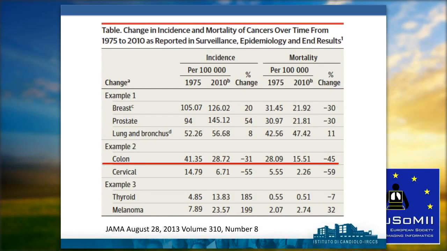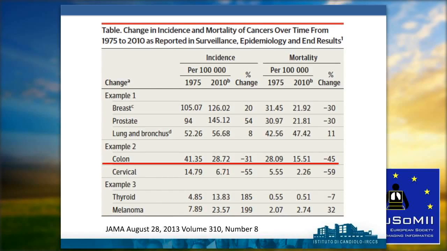This is a very interesting article from JAMA. You can see here that because of screening and surveillance, the incidence of colorectal cancer has reduced dramatically in 35 years between 1975 and 2010, and the mortality has decreased even more.